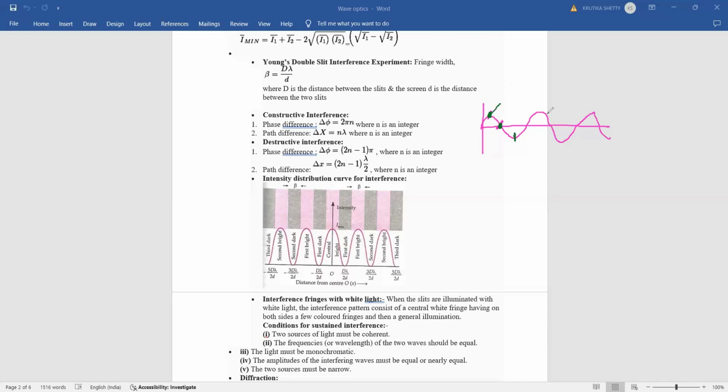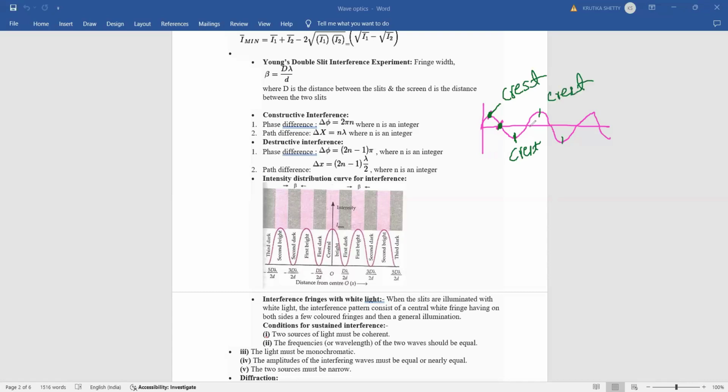This one is the highest positive point and this is the highest negative point. This is called the crest. Crest, so we call this part a crest.